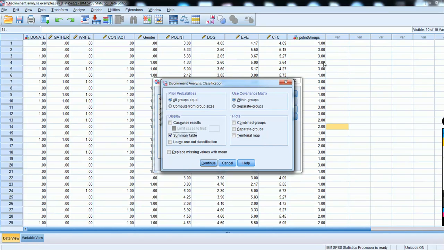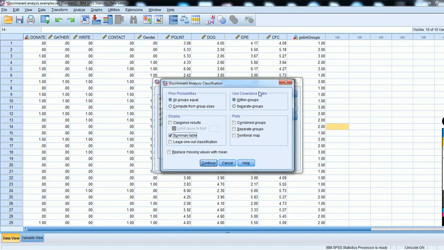And based on those probabilities, it's going to generate a predicted group membership. And so the predicted group membership is going to be related back to their actual group memberships, so that the degree of correspondence between actual group membership and predicted group membership is one way in which we can evaluate the fit of our model.